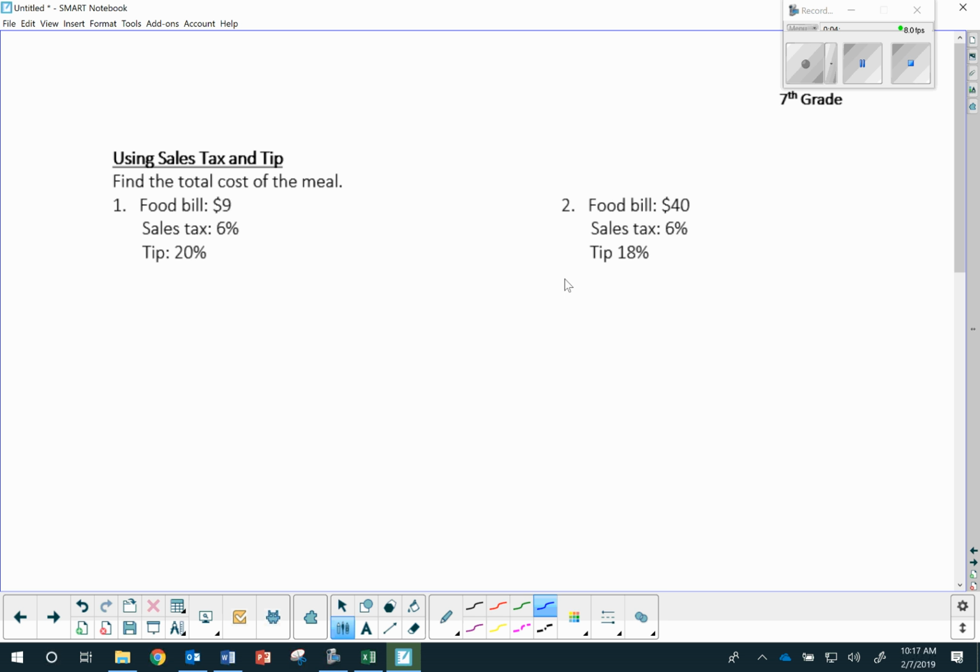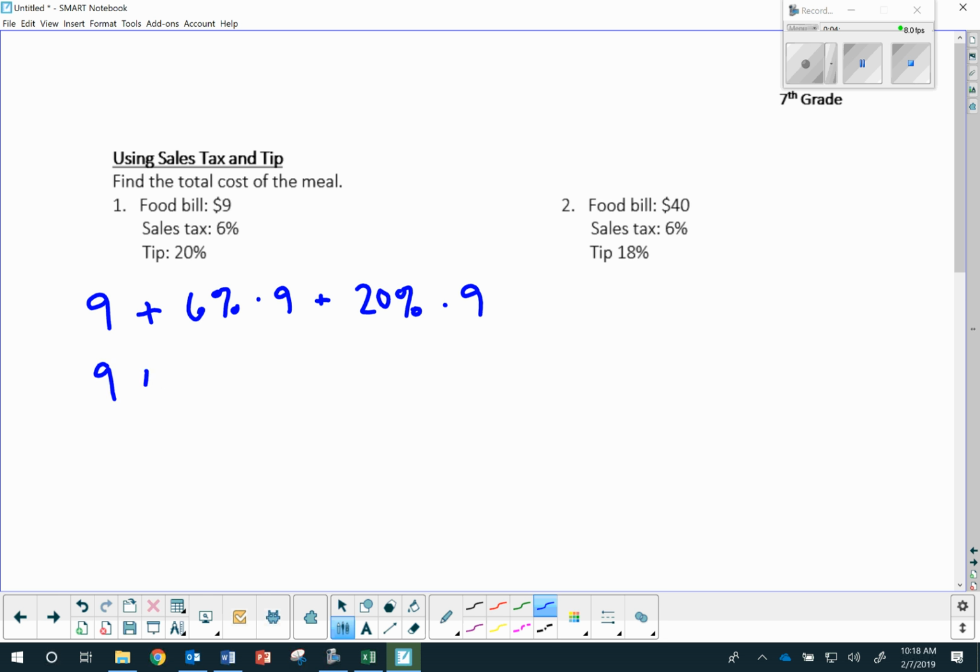So if we're going to calculate how much our bill is going to cost us in the end, we're going to say $9 plus 6% of the $9 plus 20% of the $9. And remember, of is that keyword that tells us to multiply.